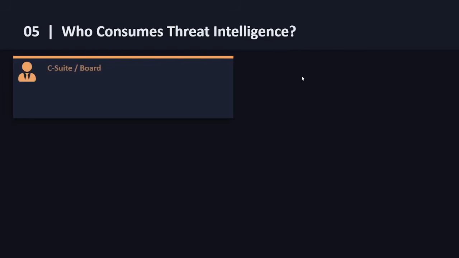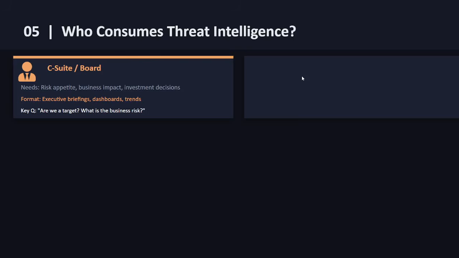So we'll go with the C-suite class, which is board members. They want to know what the risk appetite is. Appetite means how much we can afford to lose in the business. What is the business impact?